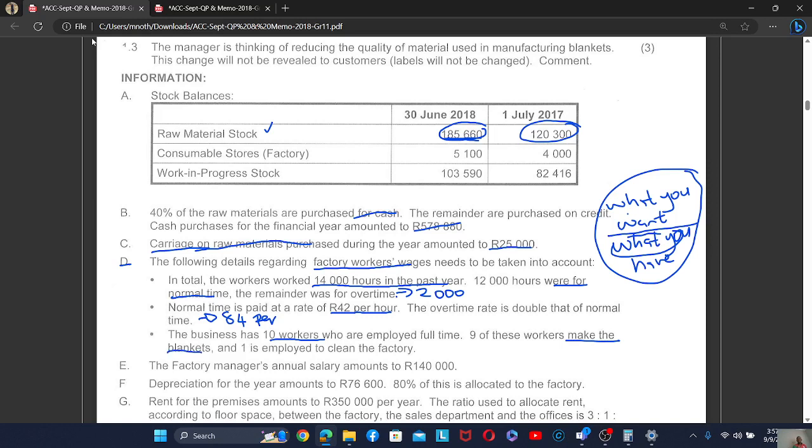You need to remember that this is the business that is making the blankets. And then one is employed to clean the factory. That's indirect labor cost.